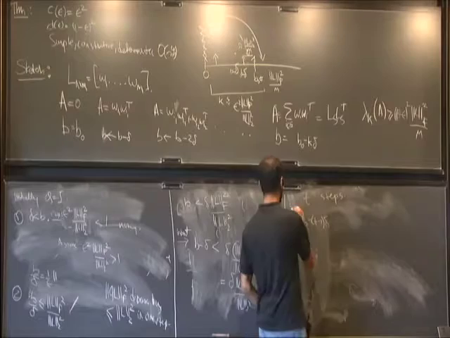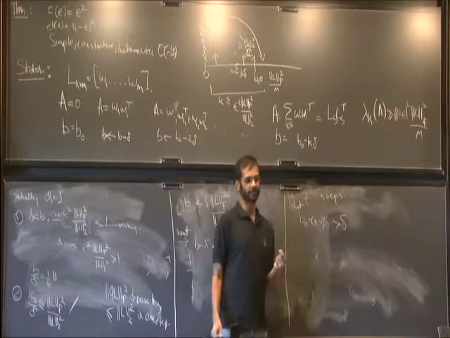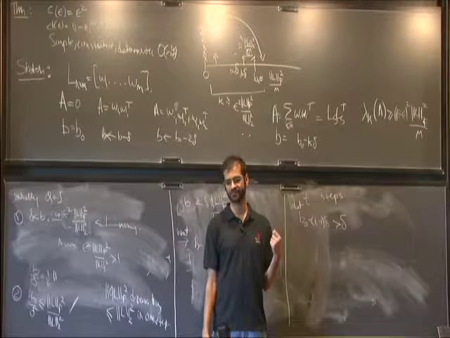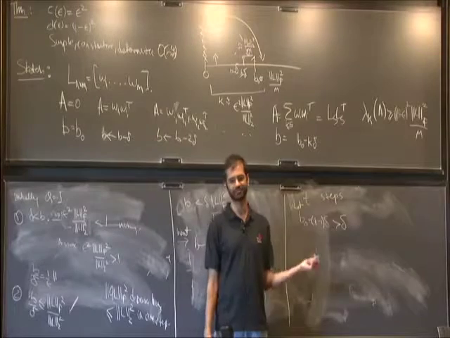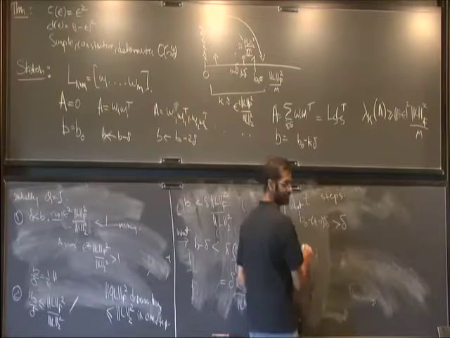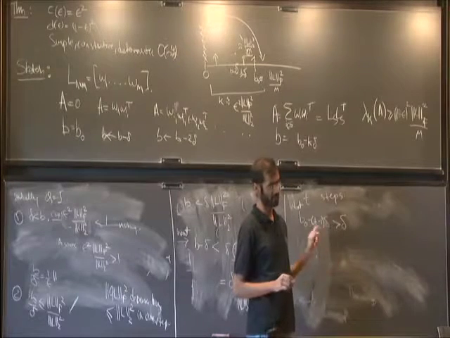I want this to be bigger than delta. I only need this to hold for t minus 1 steps, because in the last step I just need to add one vector, and I don't care about the potential after that. I just want it to jump across.